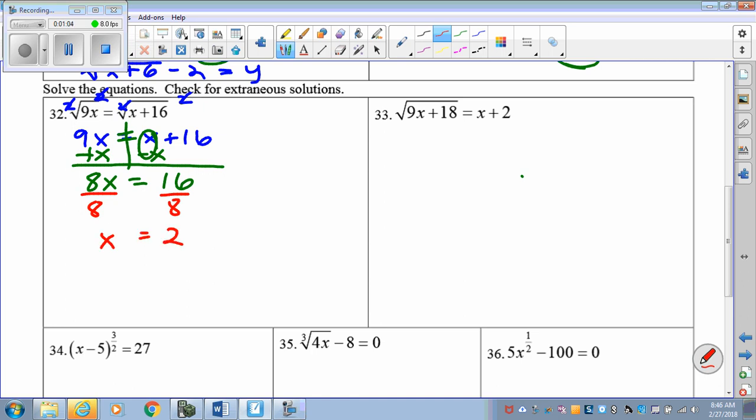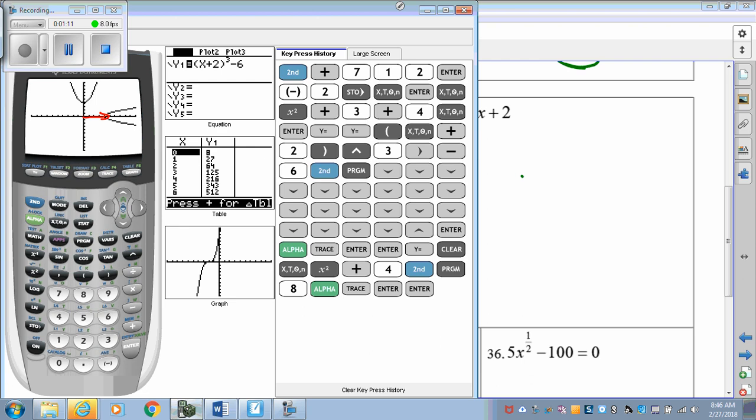Okay? Another way you could check that is by using your calculator. You could go ahead and put both sides into your calculator. So I'll go to y equals, and I'll put in the square root of 9x. Oops, I'll go ahead and clear that first.